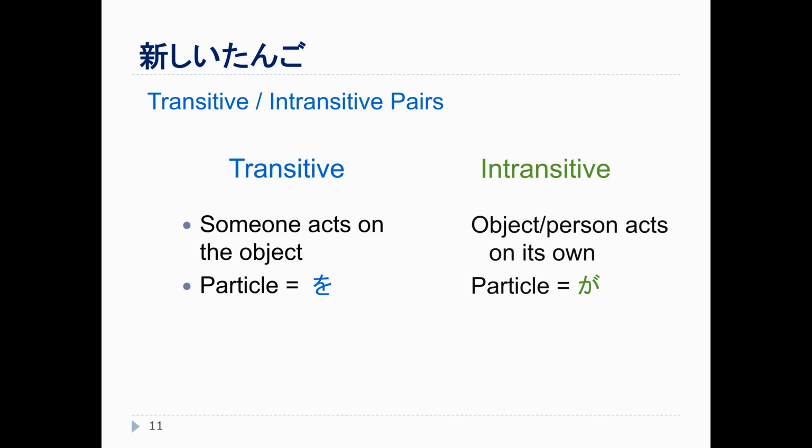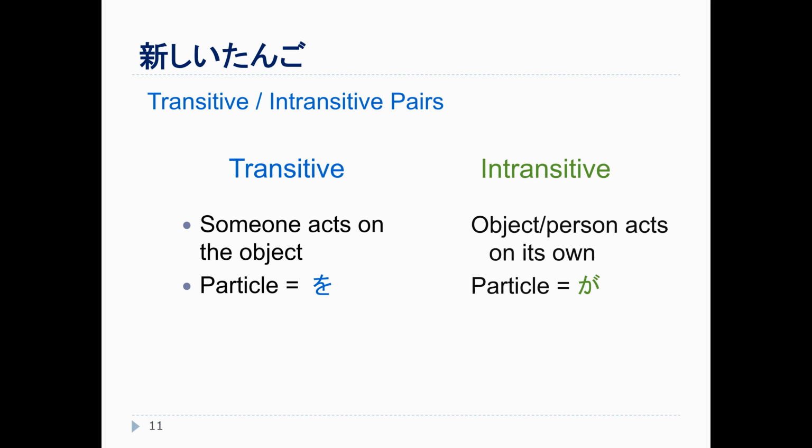But those aren't words that really come to us all the time, right? So this is a concept that we don't have as much in English as we do in Japanese. In Japanese, this is a fairly important concept.